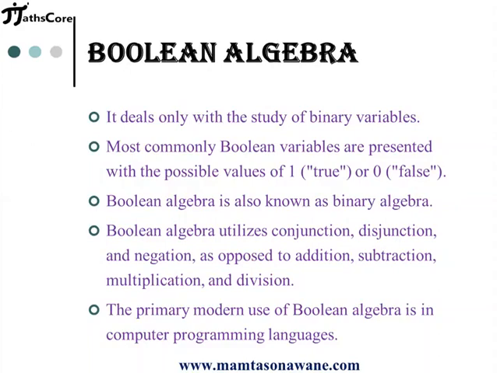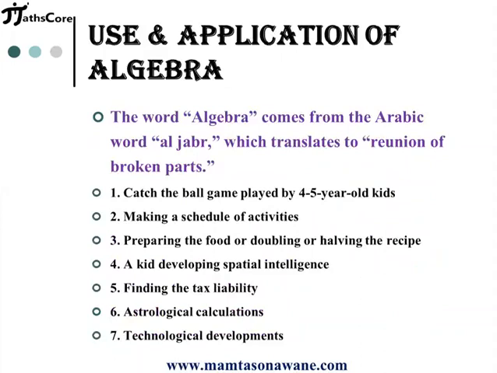The primary modern use of Boolean algebra is in computer programming languages, that you know very well: C, C++, Python, Java, and all these include Boolean algebra in them. Okay. So in this way, these are some types of algebra we have discussed here.